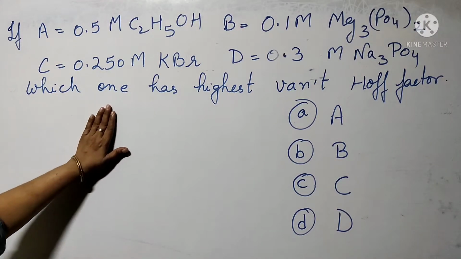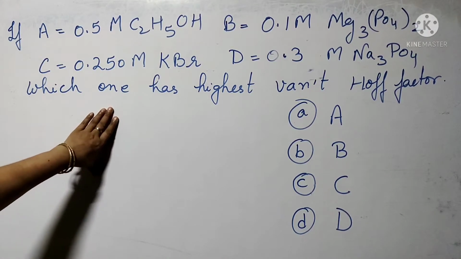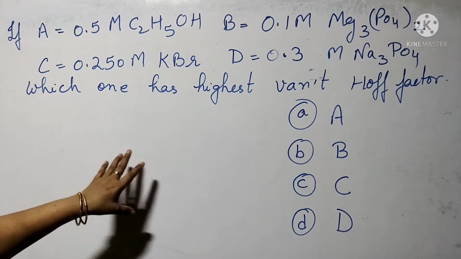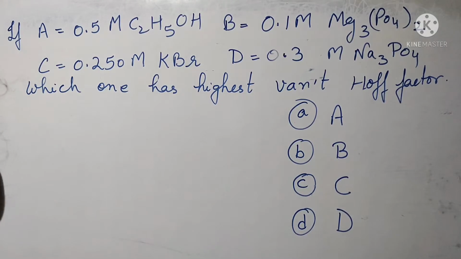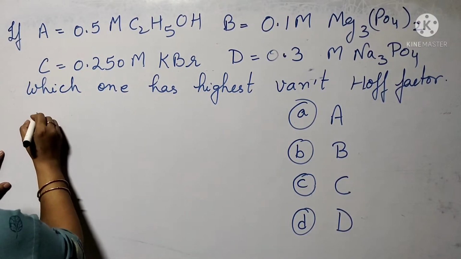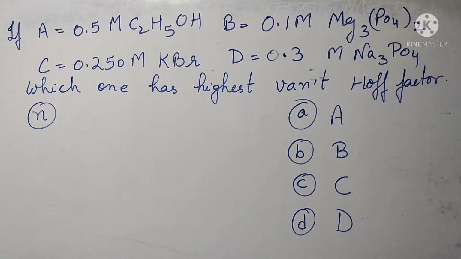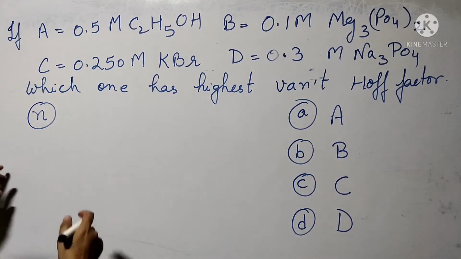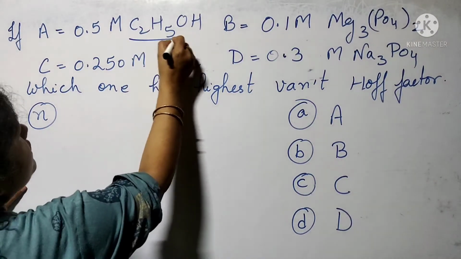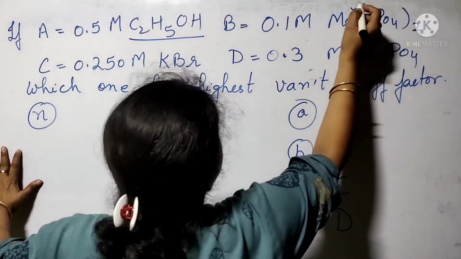Here not even the temperature is given, not even the osmotic pressure is given, then how will we find the Van't Hoff factor? We can find the Van't Hoff factor using the number of ions which dissociate when we dissolve the compounds in water. So we just consider these compounds.